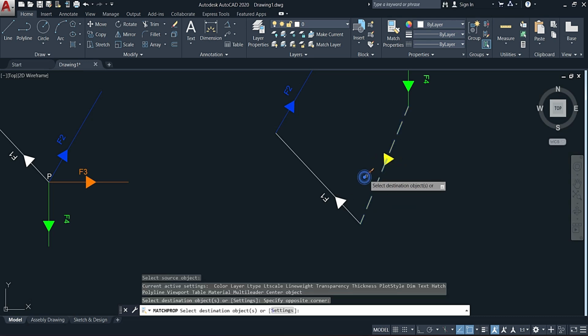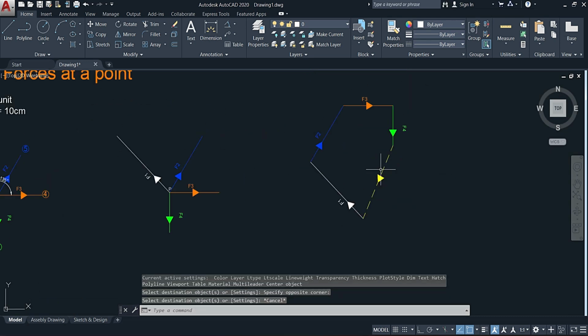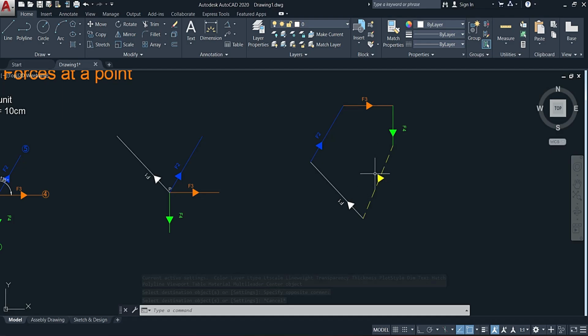Okay, so as you can see, this resultant force here that closes our polygon is going in that direction. Now you see this force here, the yellow line, is our resultant force. I'm going to call this your resultant force.